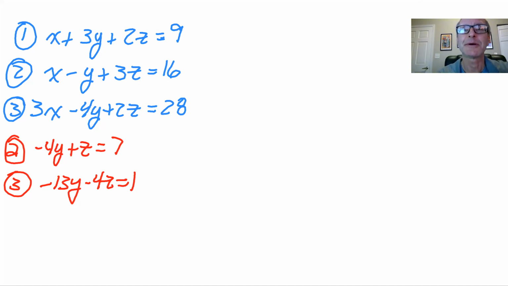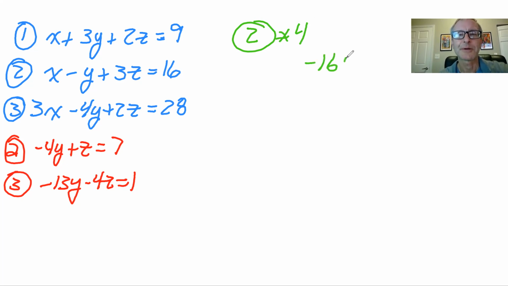So what I'm going to do here, and again, I'll do this in green, is take the new equation 2 and multiply it by 4. So what was that going to do for me? It'll give me 4z here, and 4z and minus 4z will cancel out. So minus 4 times 4 is minus 16. So we have minus 16y plus 4z equals 28. 4 times 7 is 28.